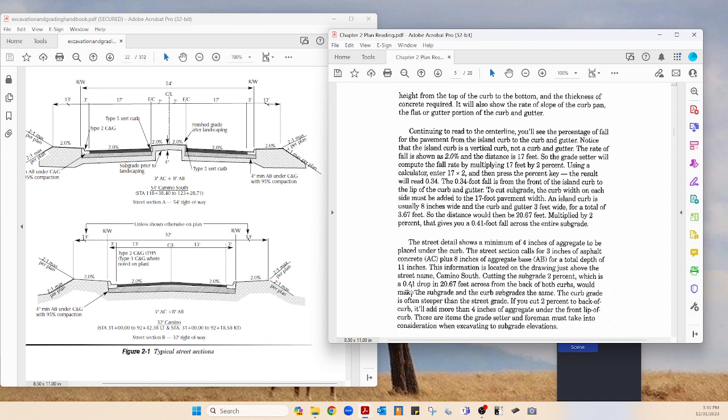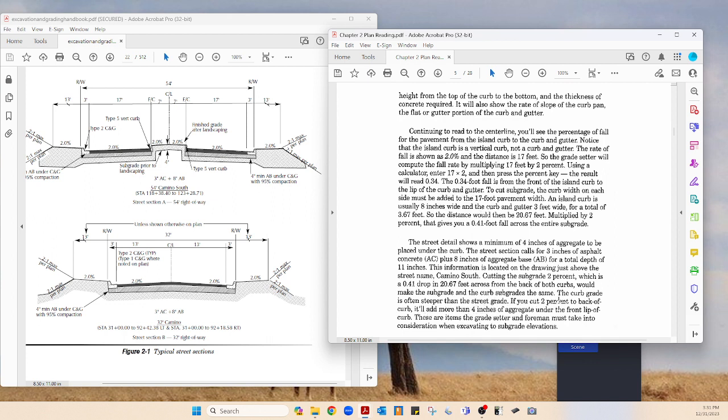I don't get this 0.41. Let's see, 2% times 17 is 0.34, I believe. So that's not what I'm looking for. That was up here. The curb grade, in other words, that slant right there, is often steeper than the street grade.